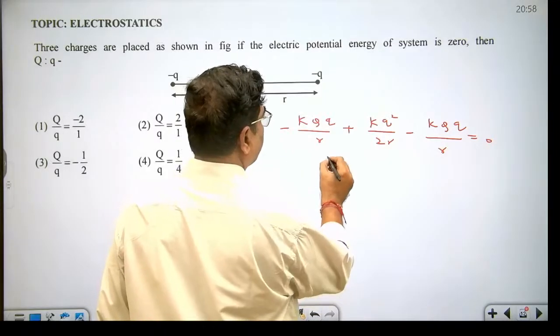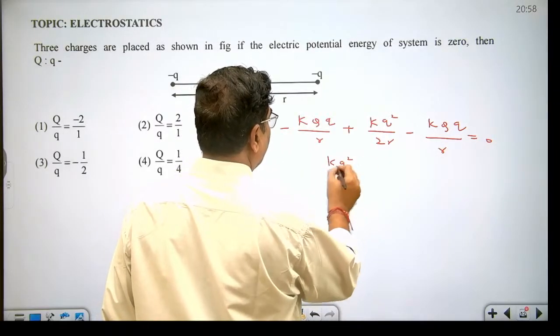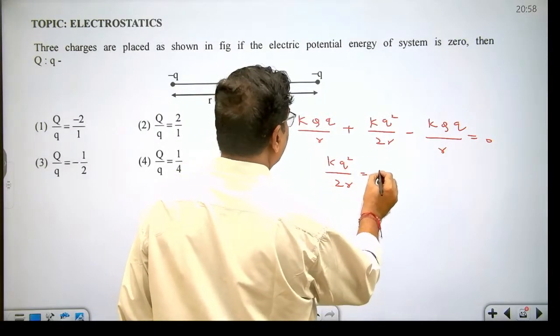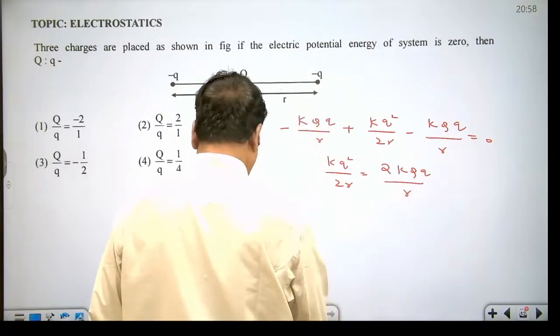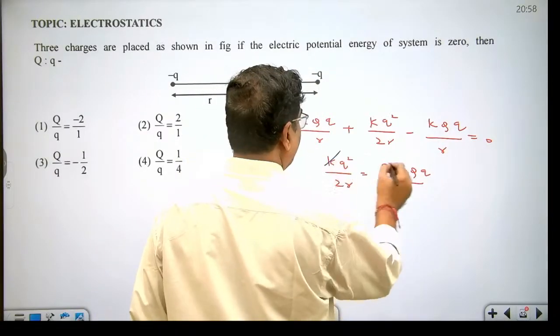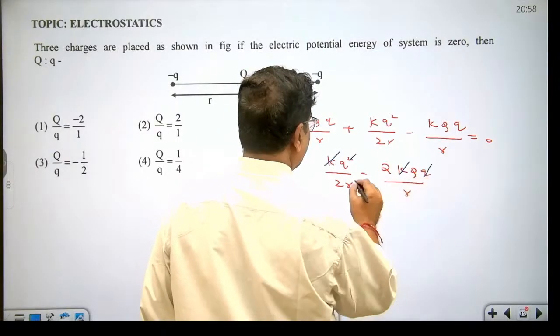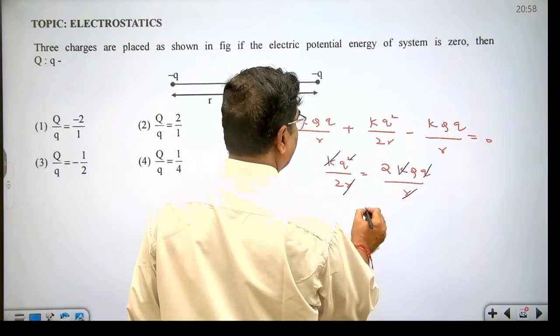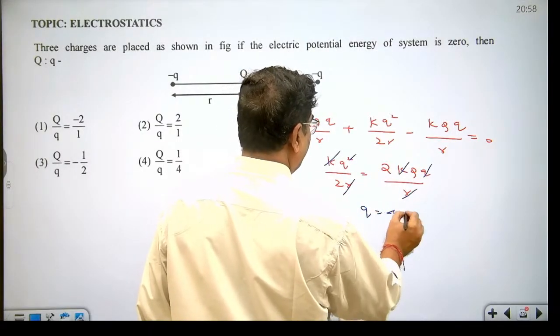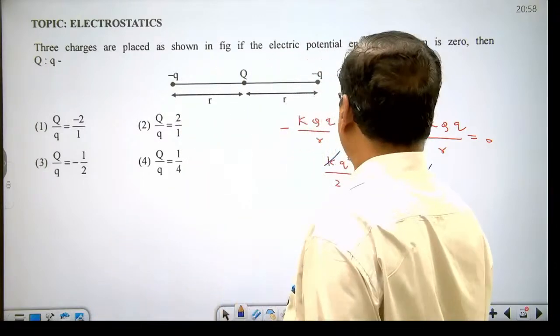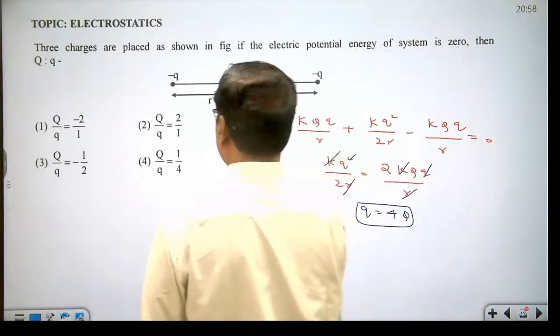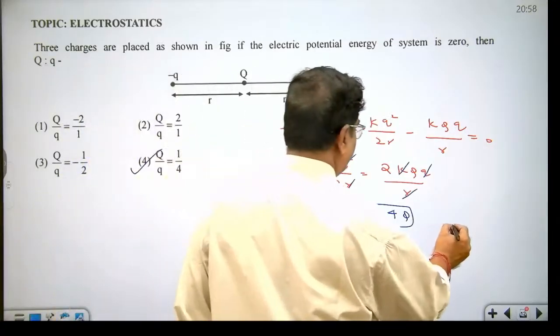So after solving this, we will get KQ square upon 2R equal to 2KQQ upon R. K will get cancelled, Q will get cancelled, R will get cancelled. So Q will become equal to 4Q. So Q upon Q equal to 1 upon 4. This is the answer. Option 4 is the correct choice.